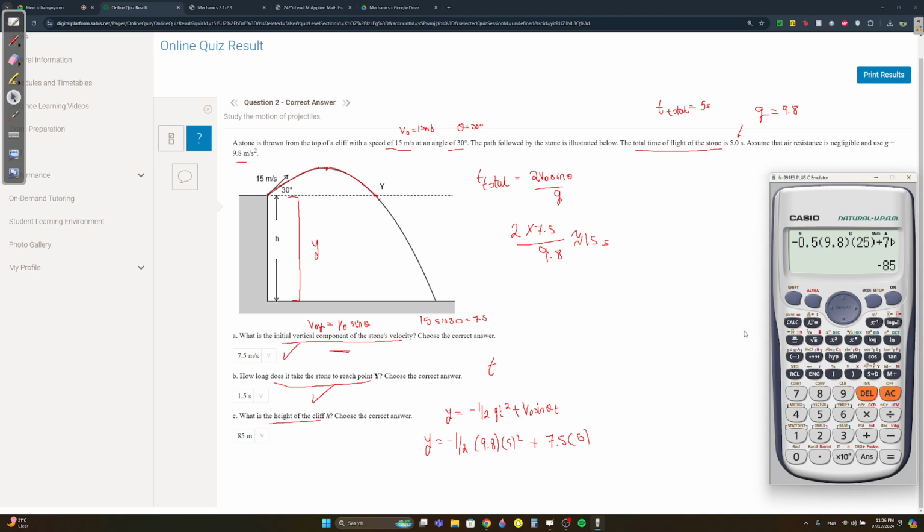So of course you're gonna get y is equal to minus 85 meters, because you're going downwards, right? So the height of the cliff is how much? 85 meters. But if you had a written part, you'd have to say h is equal to negative y, because you're going downwards. But that doesn't matter right now. All you should know, 85 meters. Just make your answer positive.